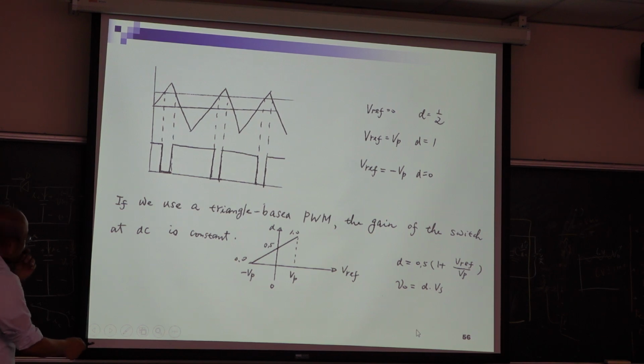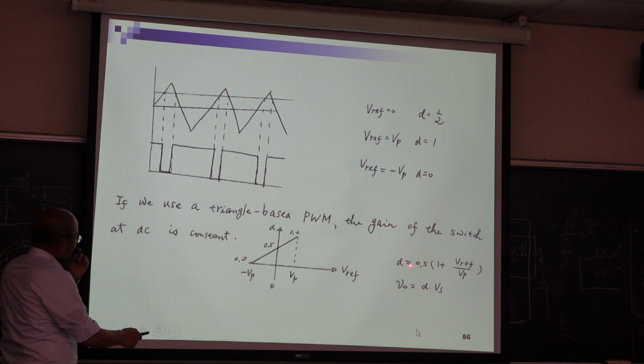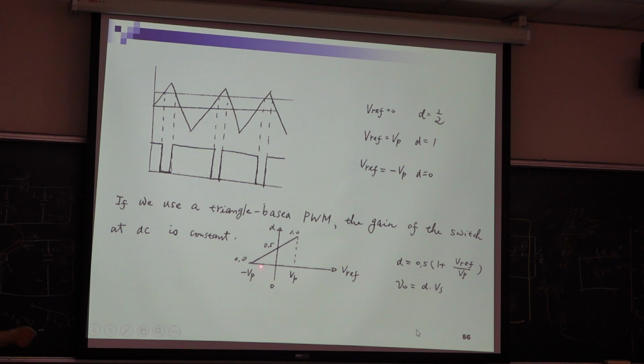So what is duty cycle? Duty cycle means from 0 to 1. But our error could be positive or negative, right? And our duty cycle is 0 to 1. So we have this relationship. So if our error is 0, what does this mean? It means the duty should be 0.5.